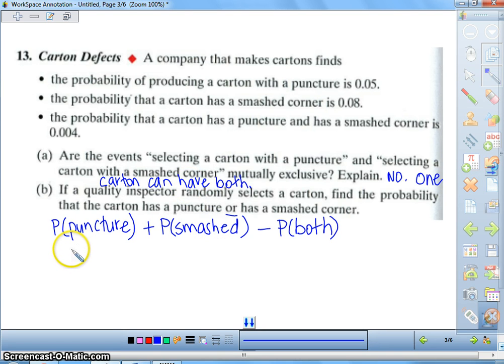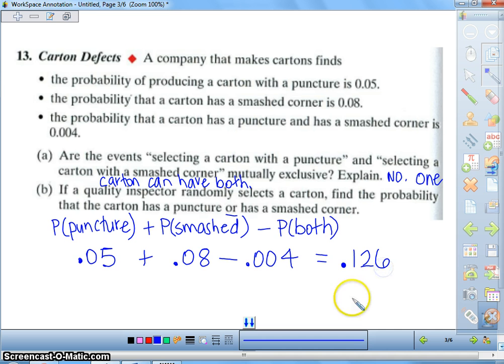So the probability of a puncture is 0.05. The probability of a smashed corner is 0.08. And the probability of both is 0.004. And when you plug all of that into your calculator, the probability of finding one or the other is 0.126.